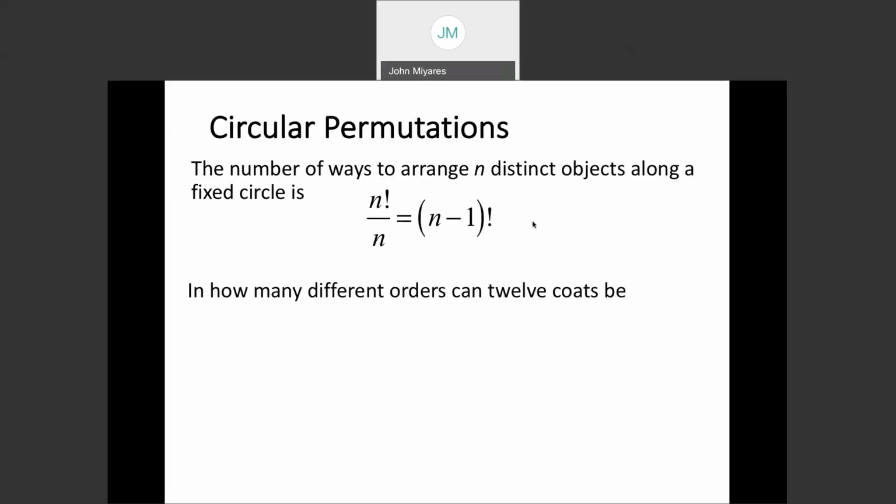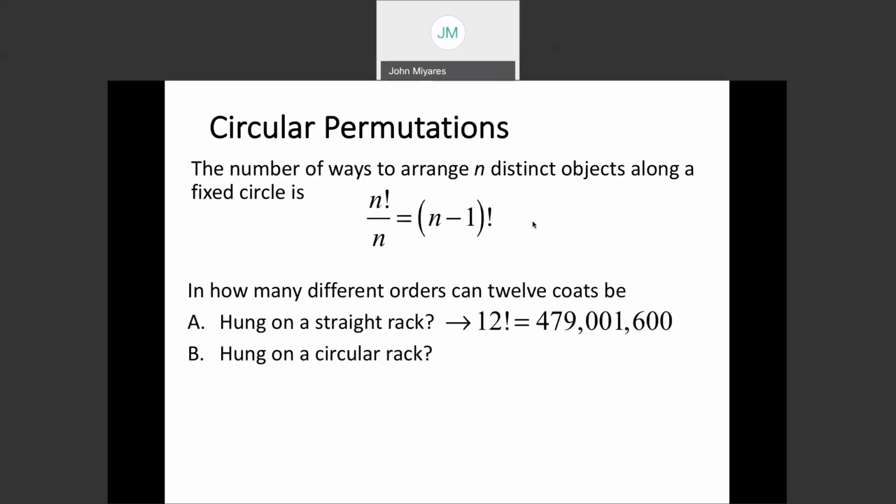Here's one more example of this. In how many ways can we order 12 coats if they are hung on a straight rack or hung on a circular rack? For part A, we can just use the slot method as we've done all along. 12 times 11 times 10 times 9 all the way down to 1 will be 12 factorial, or 479,001,600 orders.